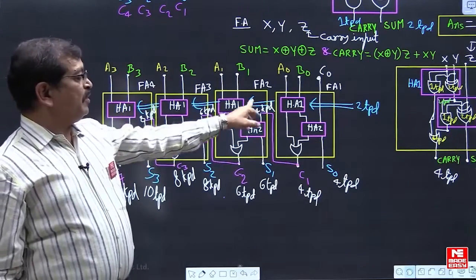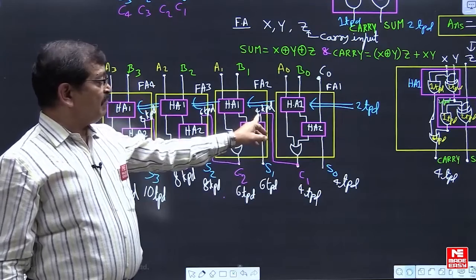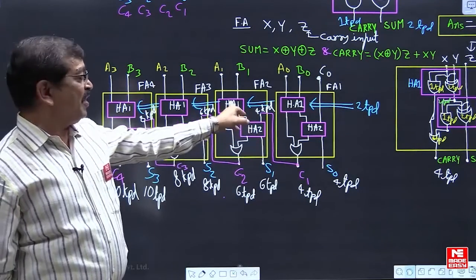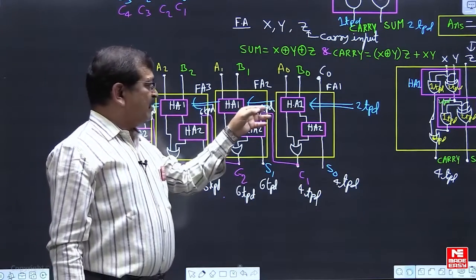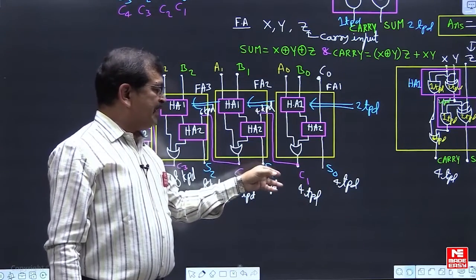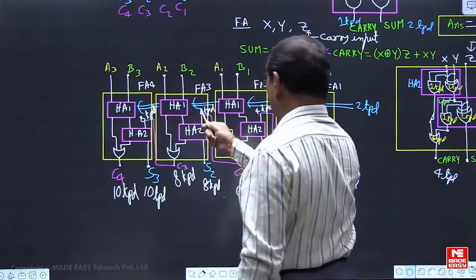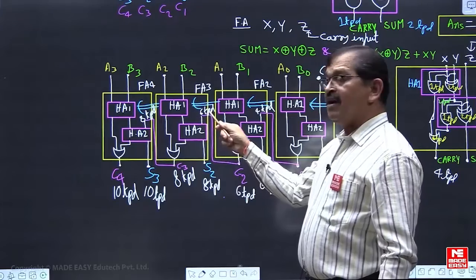If you are looking at full adder 2, its input C1 is available here with 4 TPD delay. So C1 is entering only the half adder 2, not affecting the half adder 1 of this full adder 2. So it is available with the delay of 4 TPD, and later 2 TPD is added. So that 4 plus 2, 6 TPD. And similarly coming to this, for full adder 3 the C2 is available with a delay of 6 TPD.